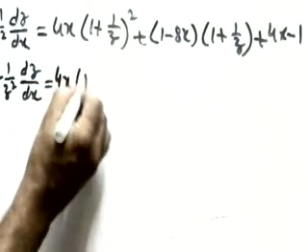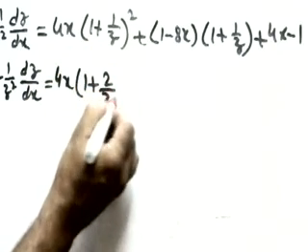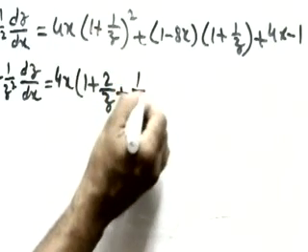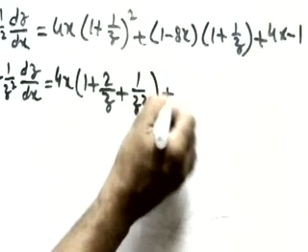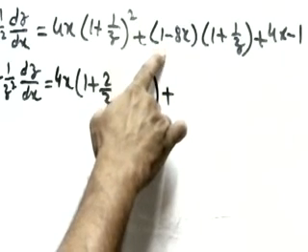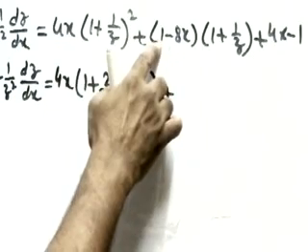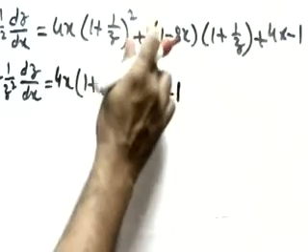This is a plus b whole square, let me expand this one: a square plus 2ab, 2 ones are 2, 2 by z, plus b square, 1 by z square. Plus, you see here, let me multiply this one, this is 4x into y square. Finish.